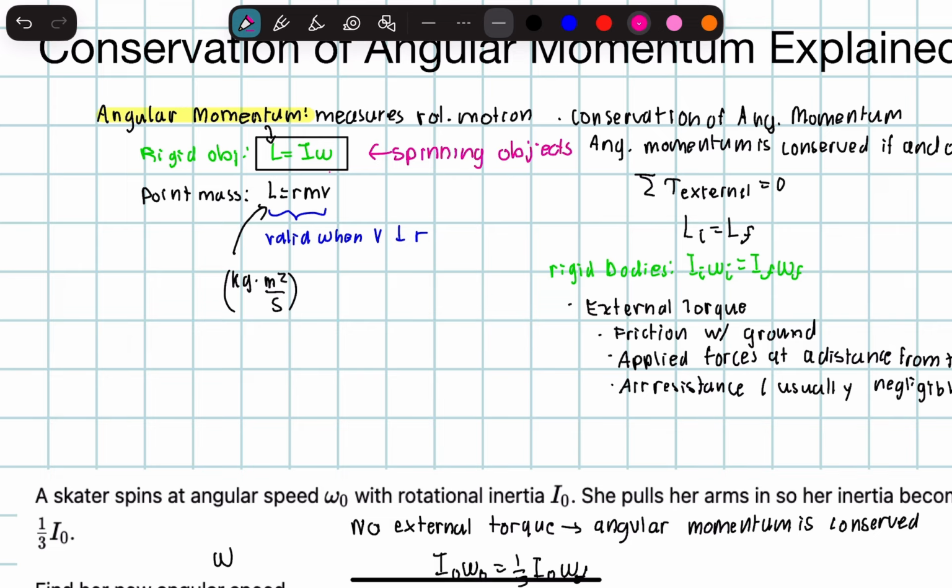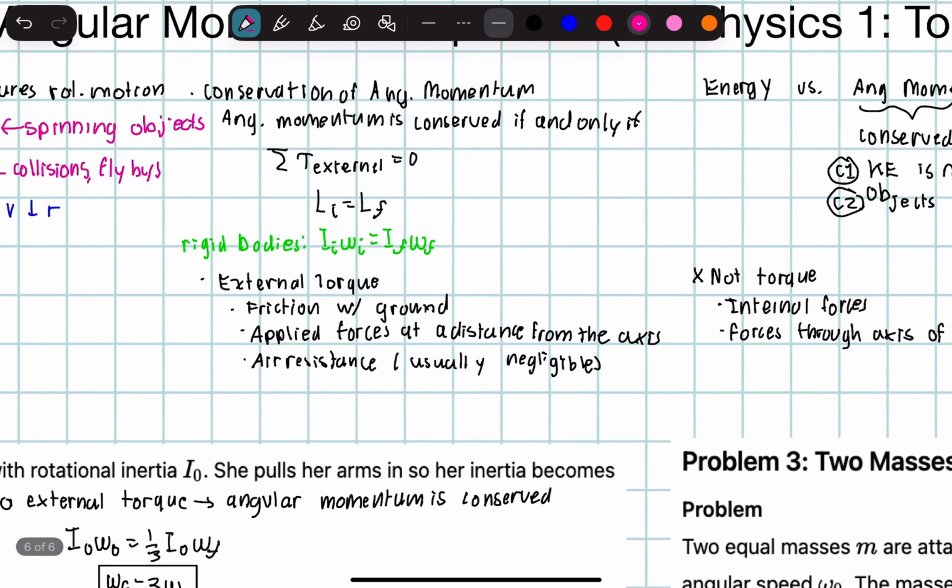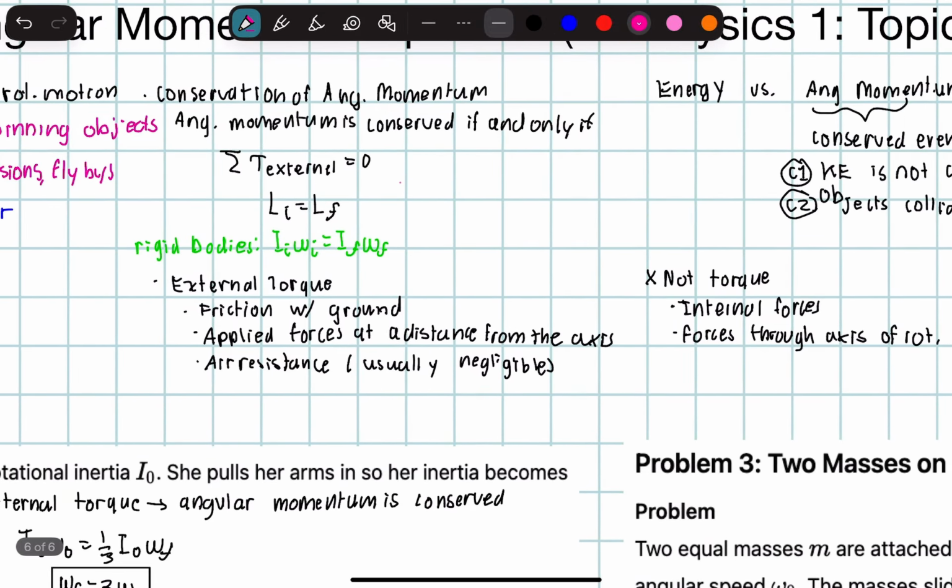And this is angular momentum for a particle. This is used for collisions and for flybys. And Li is equal to Lf. This is when you have no external torque again.